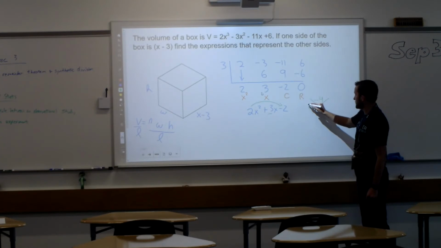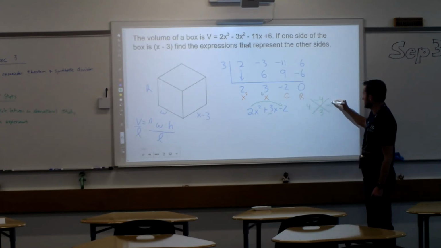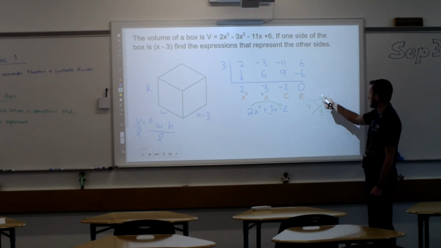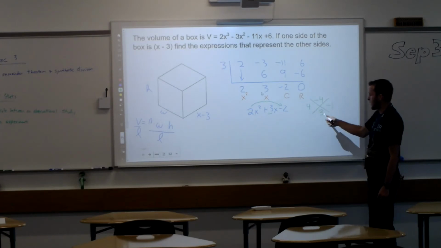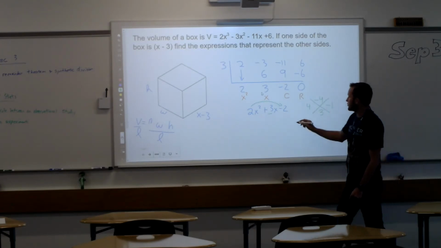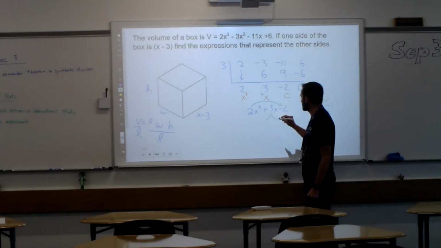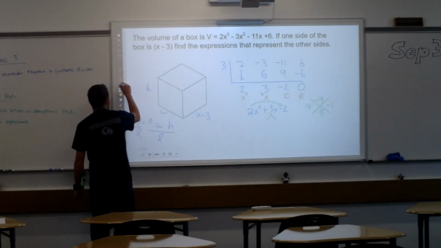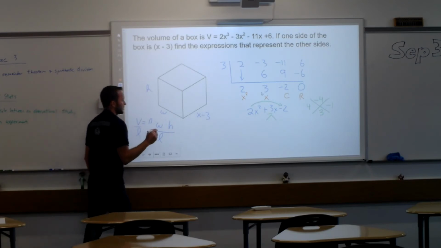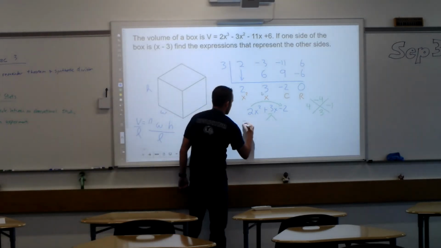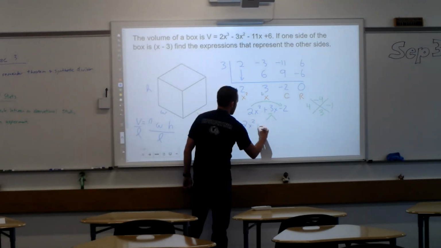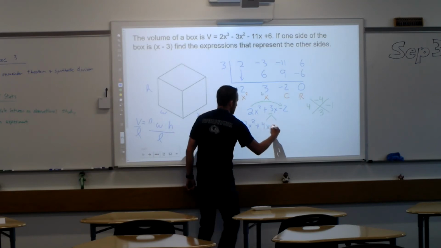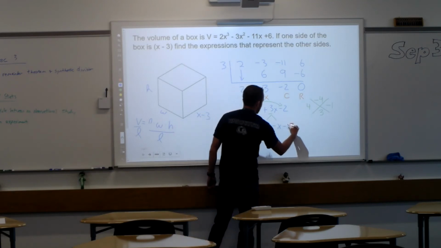Those numbers are going to be 4 and -1 because they multiply to -4, they add to +3. So I'm going to split up this middle term using that 4 and that -1. The order doesn't really matter. But I've got 2x squared plus 4x minus x minus 2.